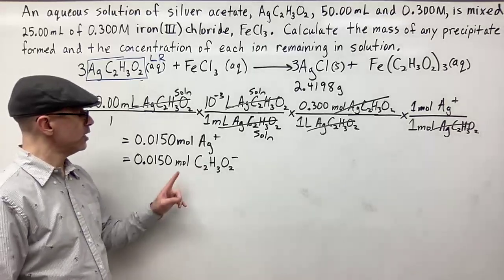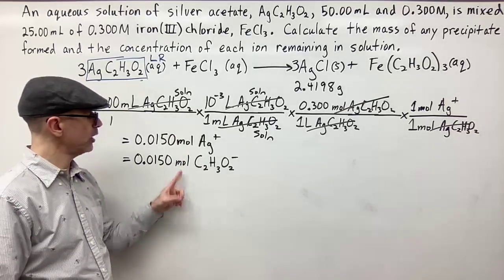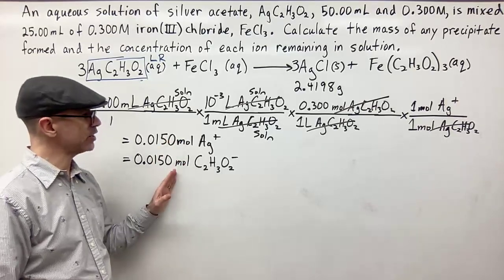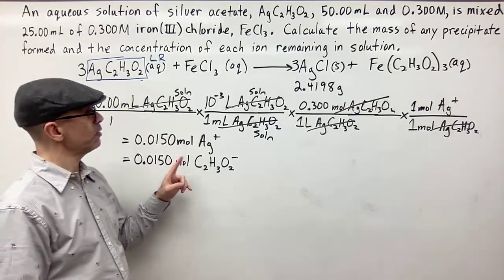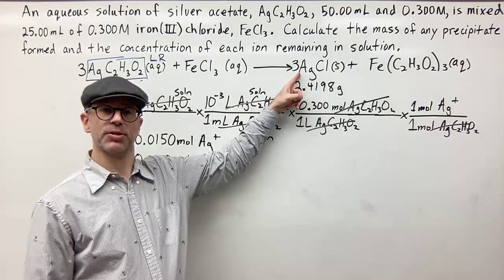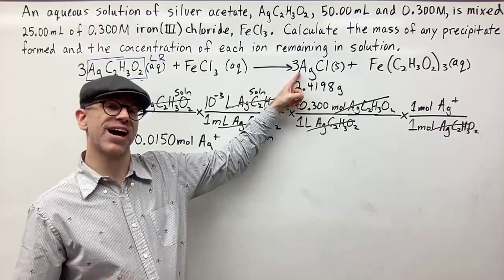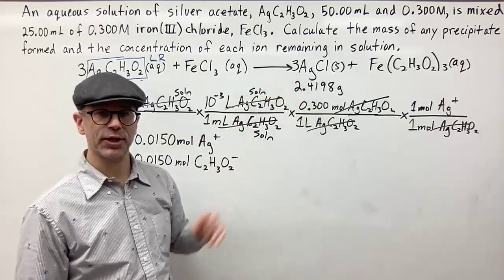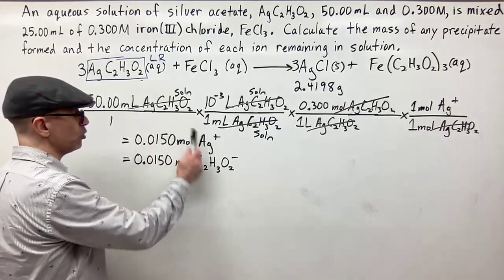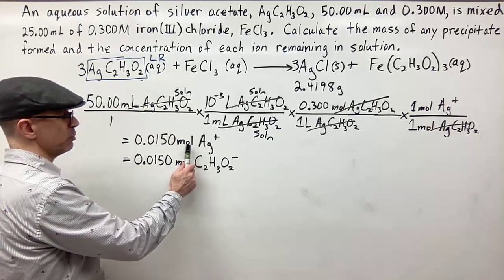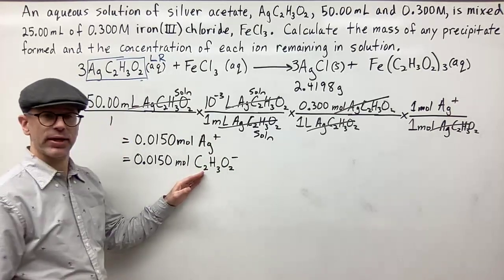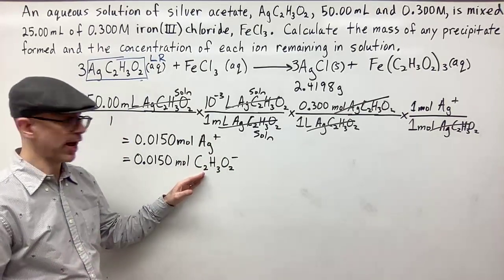These are going to be equal in moles. We won't have exactly that in solution after the reaction, because the silver is part of the precipitate, and so we lose some, if not all, of the silver, but we've got to figure that out later. So this is the moles of silver we had in solution before the reaction, and this is the moles of the acetate ion we had in solution before the reaction.